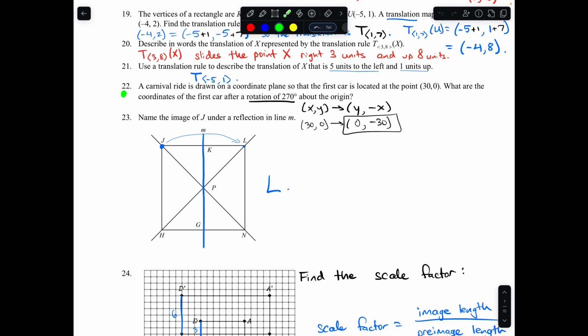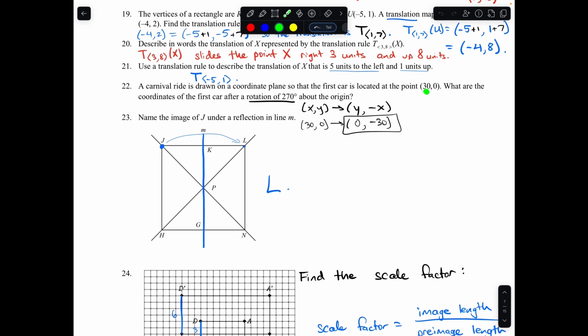Number 22, a carnival ride is drawn on a coordinate plane so that the first car is located at the point 30, 0. What are the coordinates of the first car after a rotation of 270 degrees about the origin? I am not requiring you to memorize these rules. You should have this on a note card. You should know that a rotation 270 degrees about the origin, that means 270 degrees counterclockwise, can be modeled by this rule here. x, y goes to y, -x.